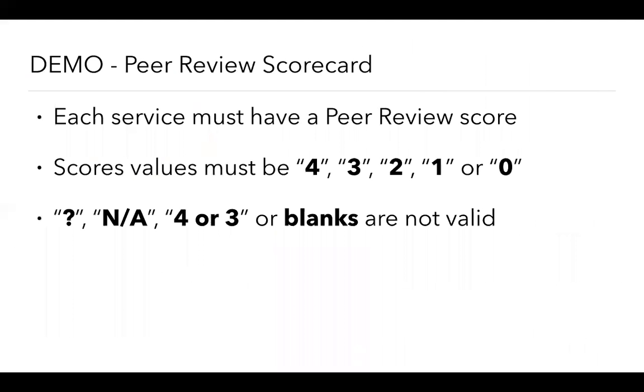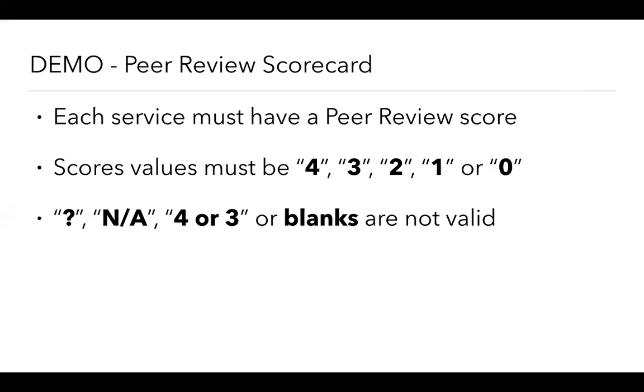Okay, moving into our demo, when we look at the template, just remember, each service must have a peer review score. Each one of those scores must have a value of 0 to 4. We cannot have text or symbols or anything or blanks in any of those fields or the template will not upload properly.